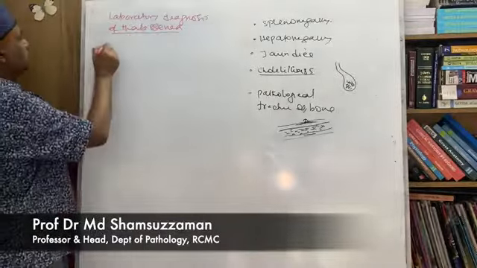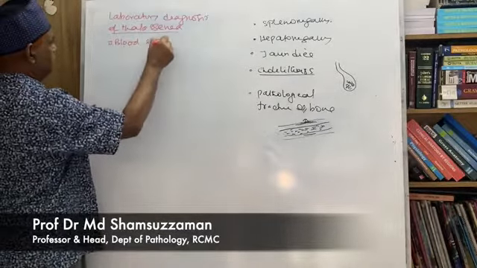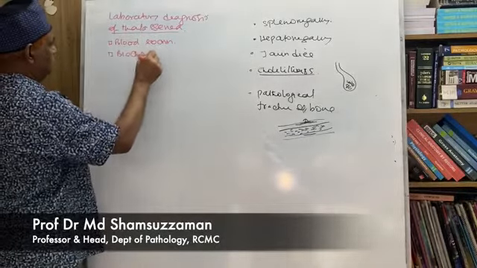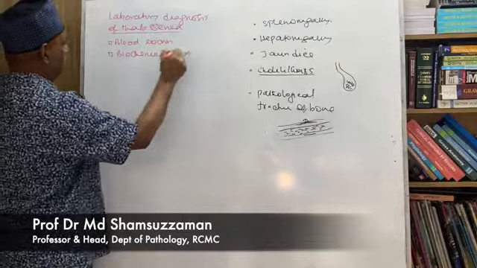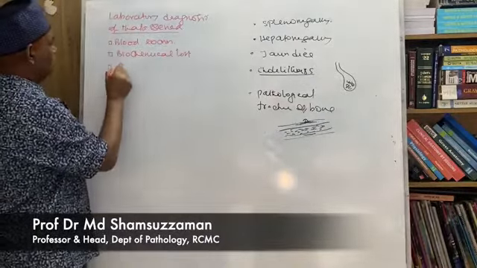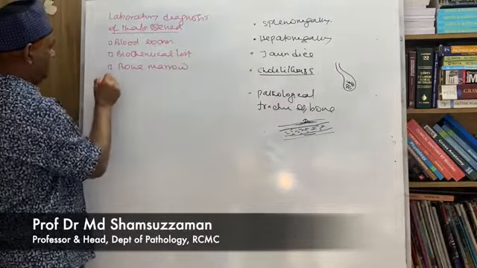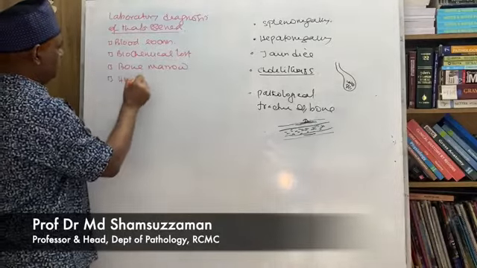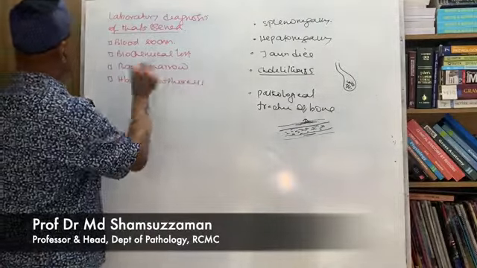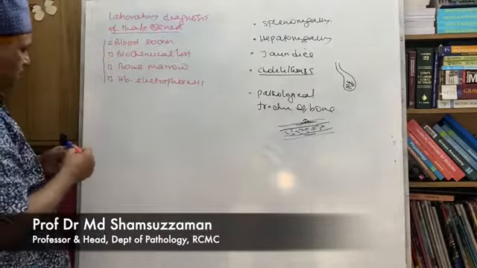We have to do first blood examination, biochemical test, then bone marrow examination, and lastly hemoglobin electrophoresis. So these are the tools for diagnosis of thalassemia in the laboratory.